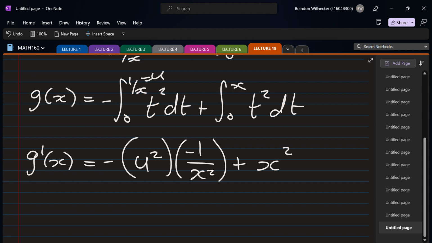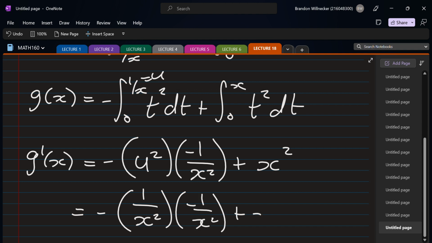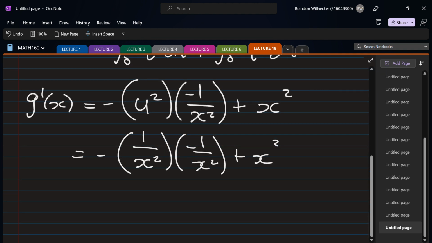Okay. So it'll be minus u, that was 1 over x, so u squared, that will be 1 over x squared. Okay, minus and a minus, that makes a plus. x squared and x squared, that will be x to the 4. Okay, so we have 1 over x to the 4 plus x squared.